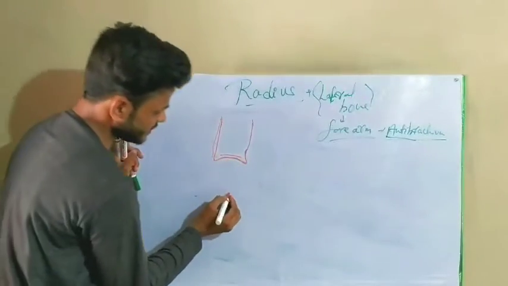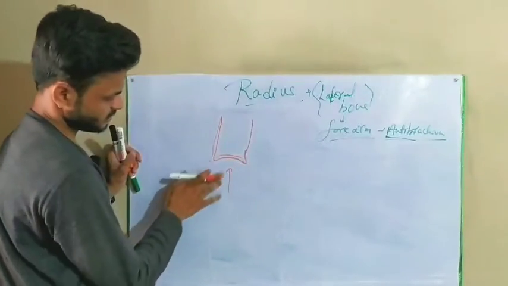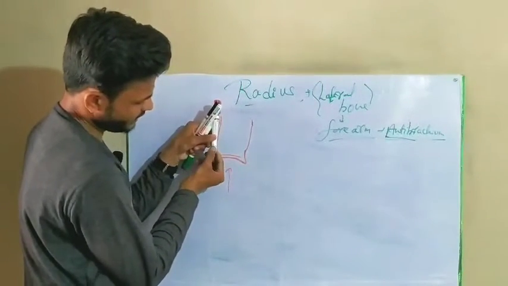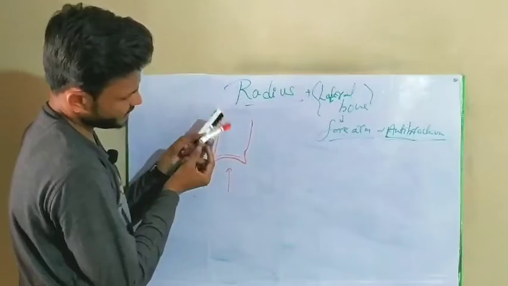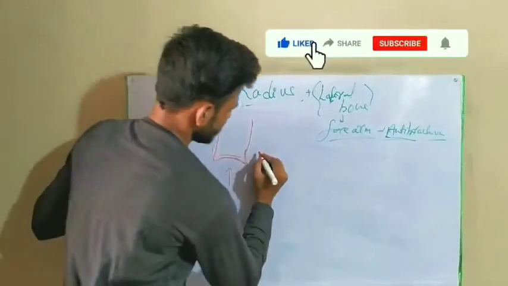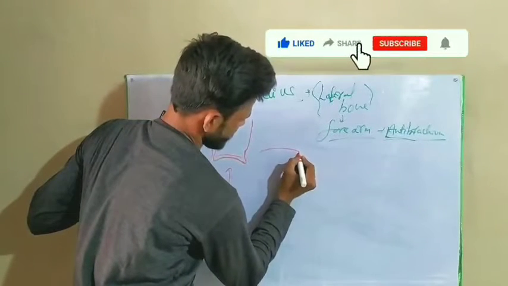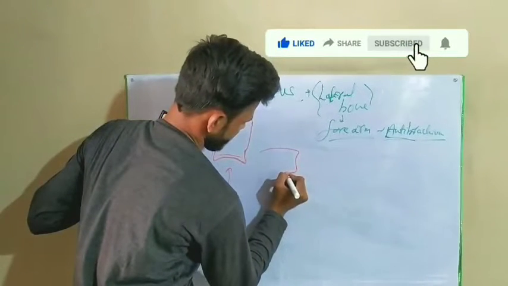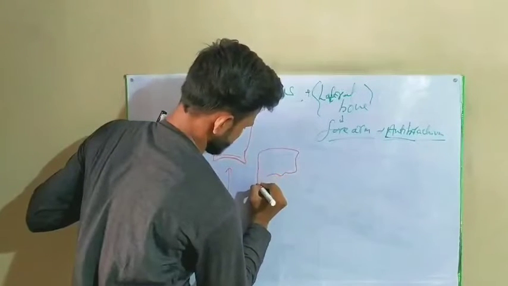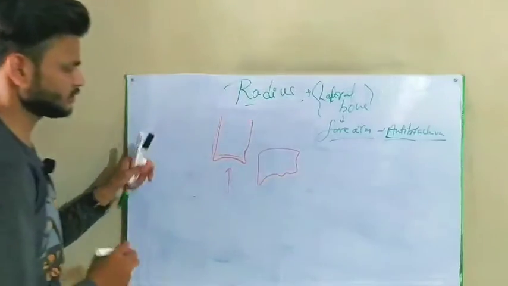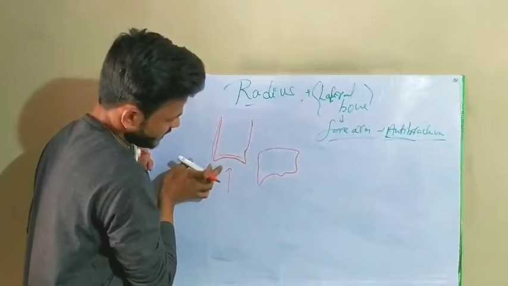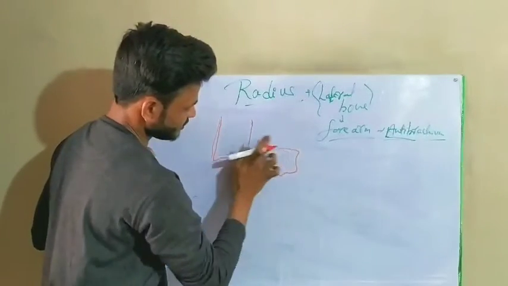If we see the inferior side of the bone, the lower end looks like this.